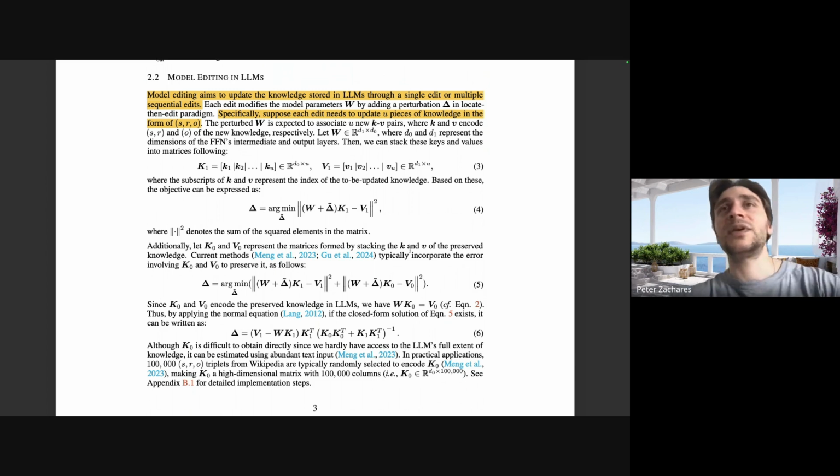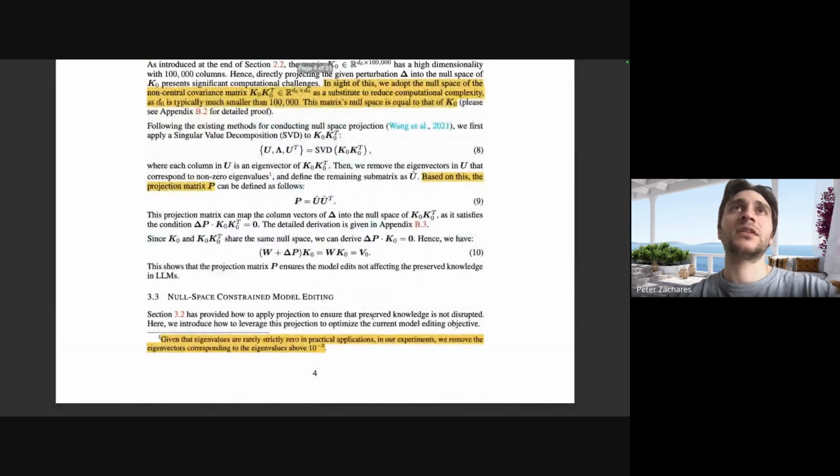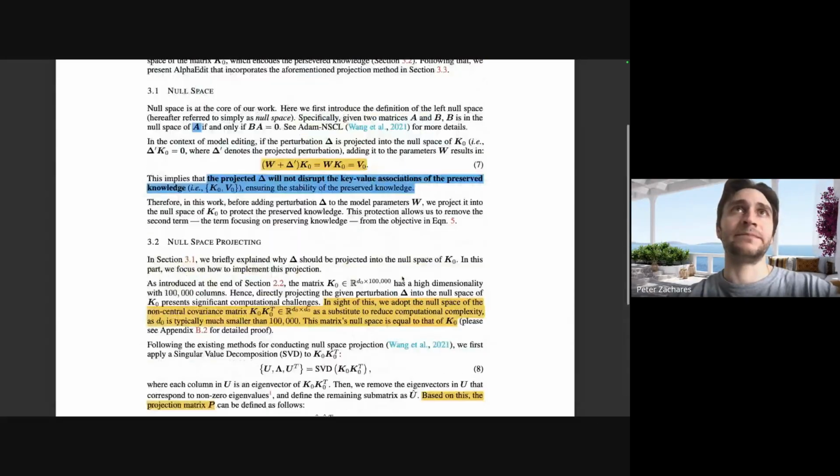In fact, because V naught is actually equal to W times K naught, you will always increase the error in terms of your old knowledge this way. So this is how people have been doing it when they're doing model editing, where they're updating parameters. And then let's go on to what they're suggesting that you do instead.